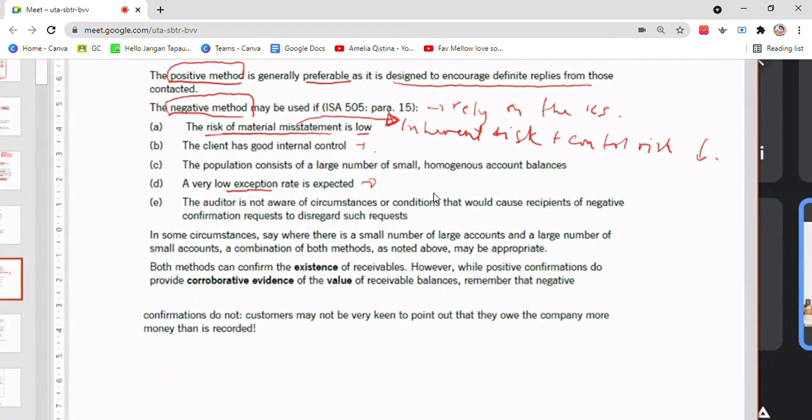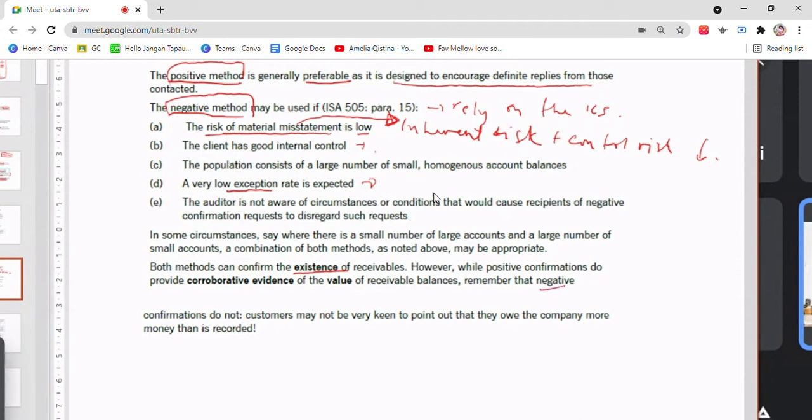So what does this method confirm? It confirms the existence of receivables. However, while positive confirmation does provide corroborative evidence of the value of the receivable balance, remember that negative confirmation means the existence.